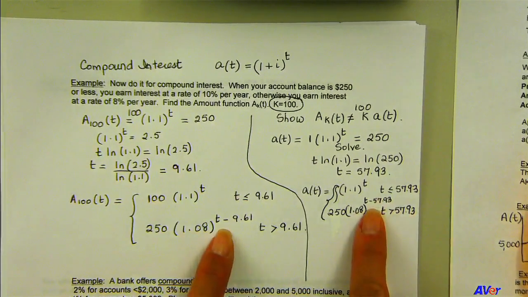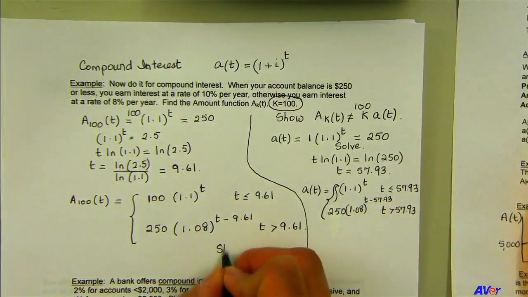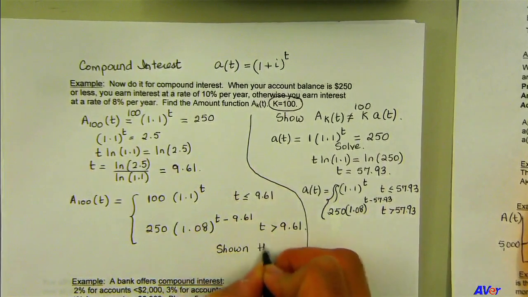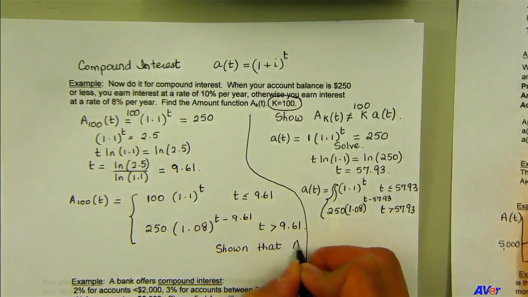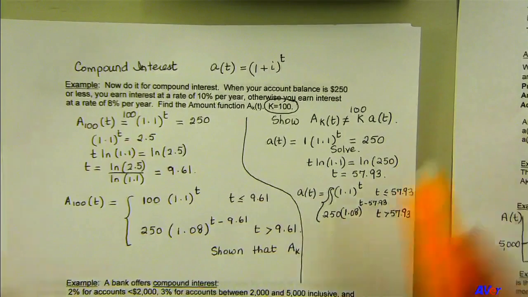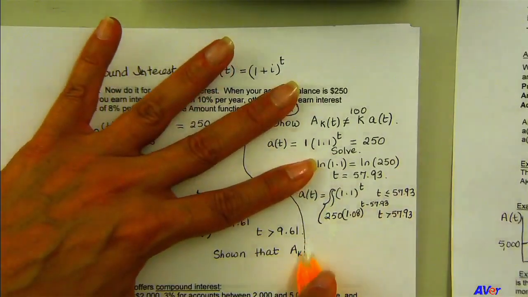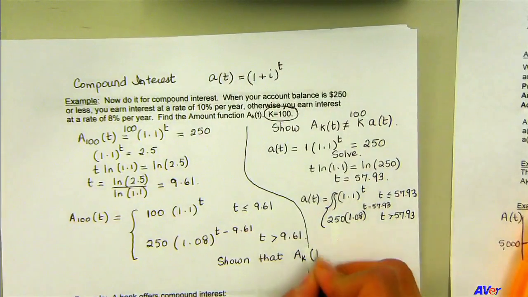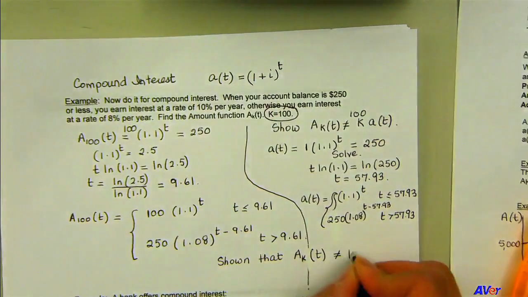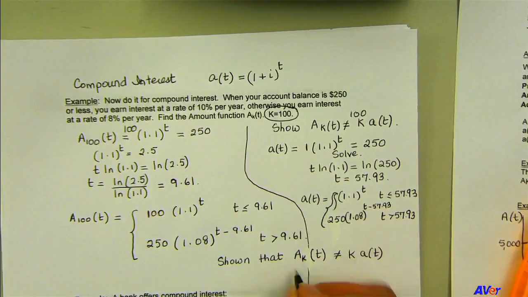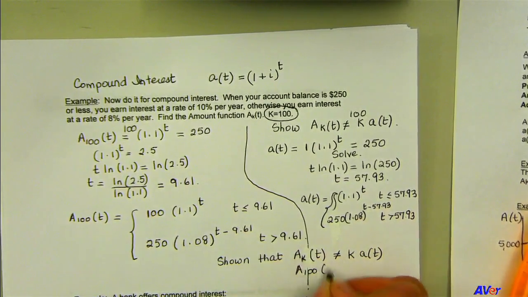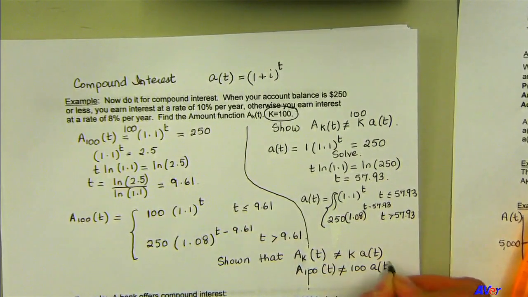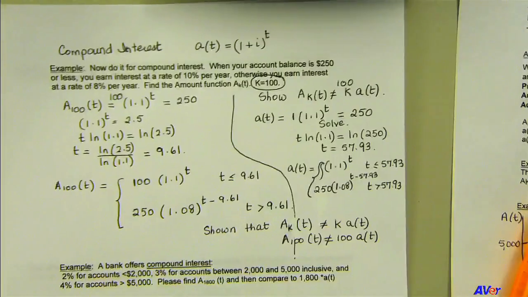So we have just shown that A k of t is not equal to k a of t, because A 100 of t is not equal to 100 times this little a of t function that I just created. Are you with me?